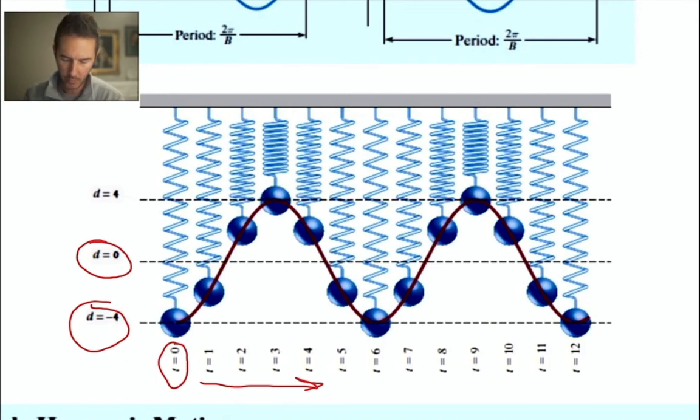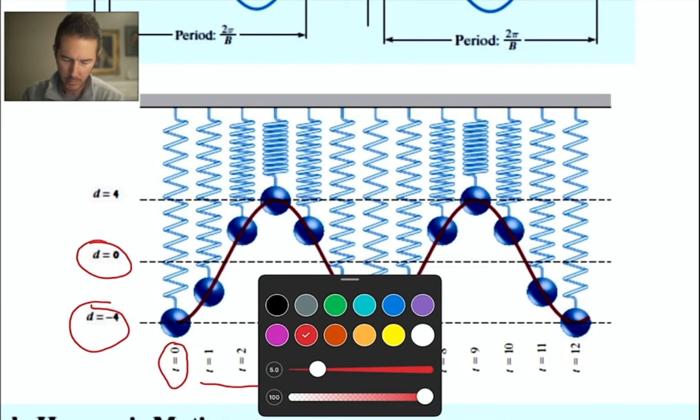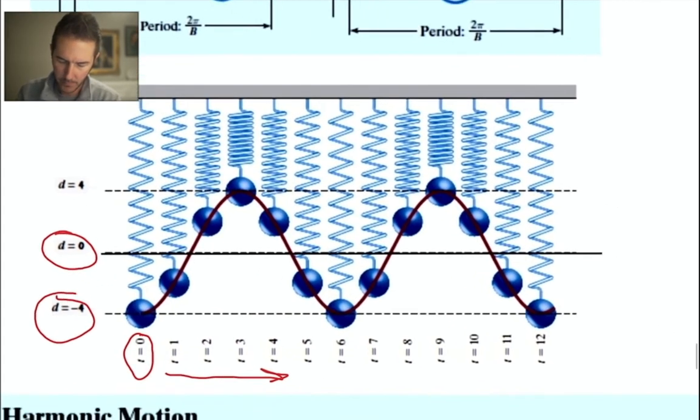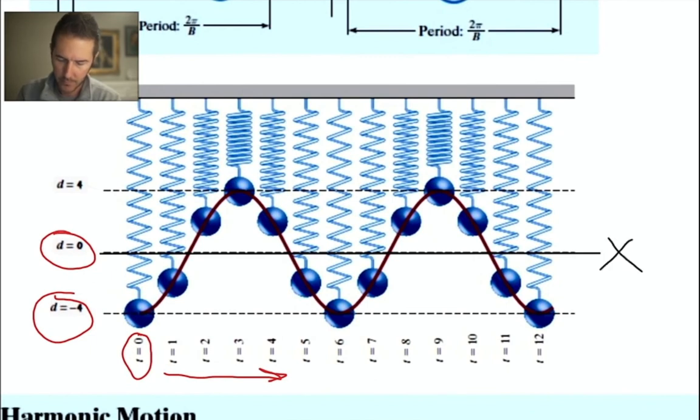I think the answer will become pretty clear if we consider this to be the x-axis. If that's the x-axis, then our mass, this ball that we're looking at here, has not started at the origin.